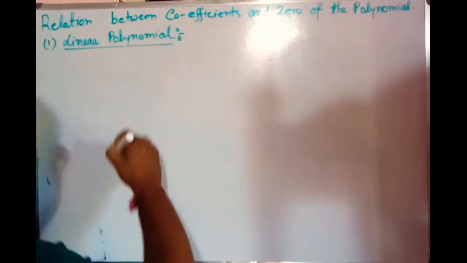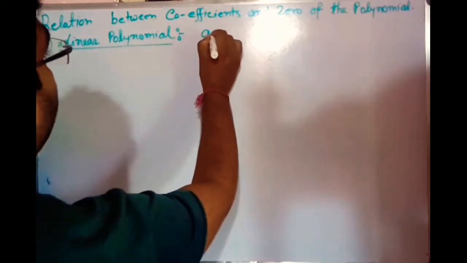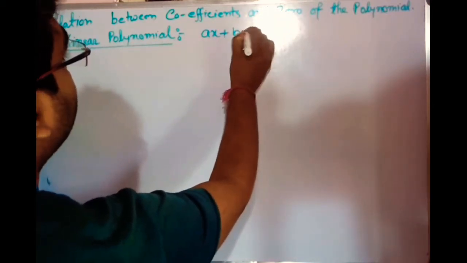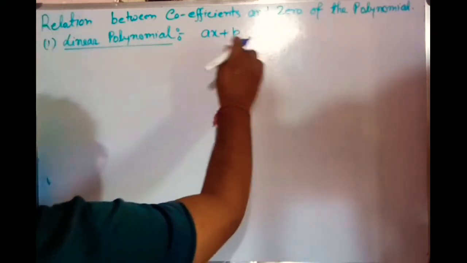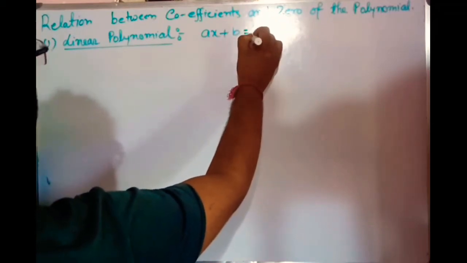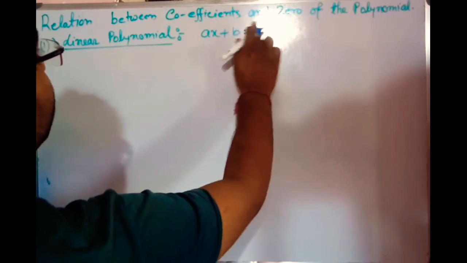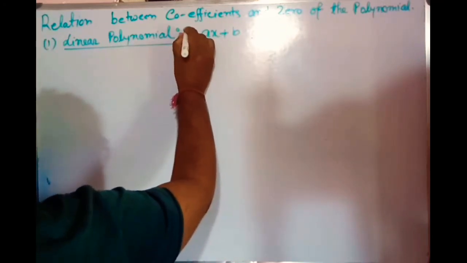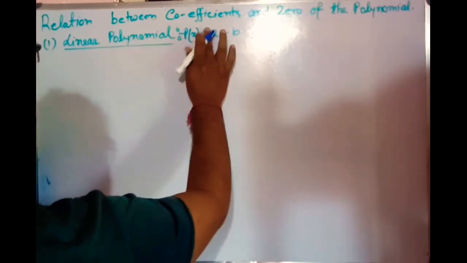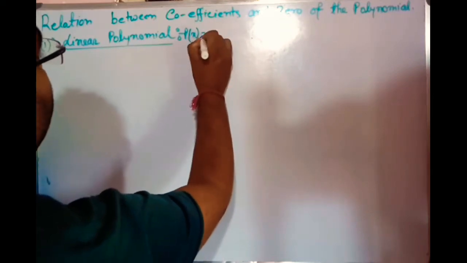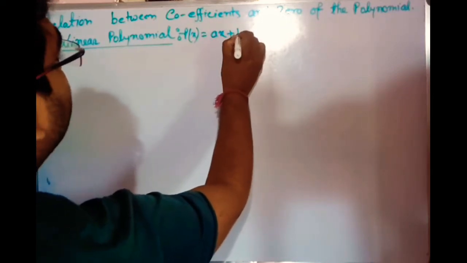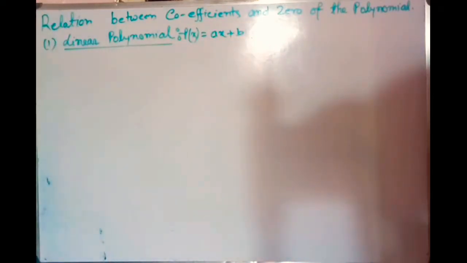We have already discussed that a polynomial of the form ax plus b, that is p(x) or f(x), whatever we say, is called a linear polynomial.